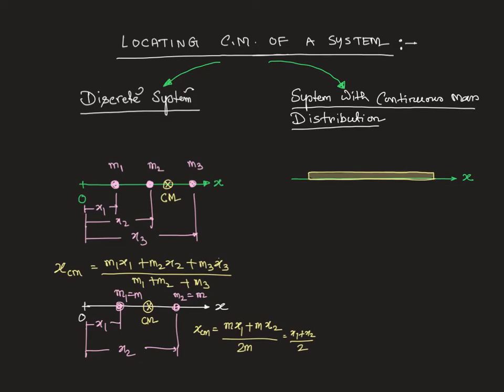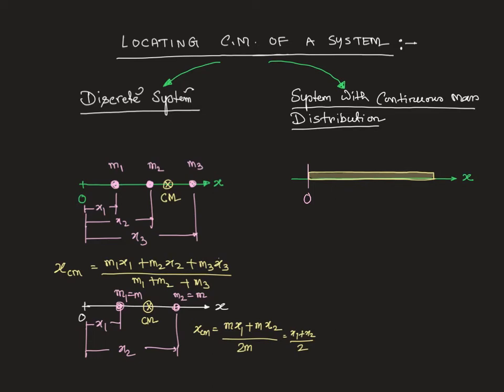Consider a point where x equal to 0. So how do you calculate here? Here you cannot split it up into particles. It's not an accumulation of discrete particles, as in the case of a discrete system.